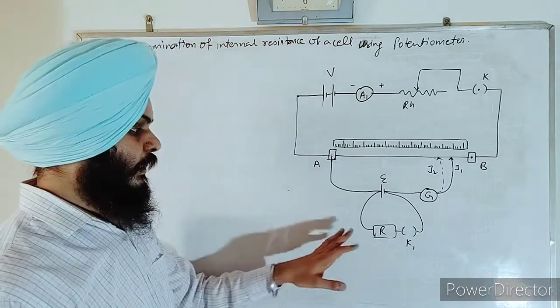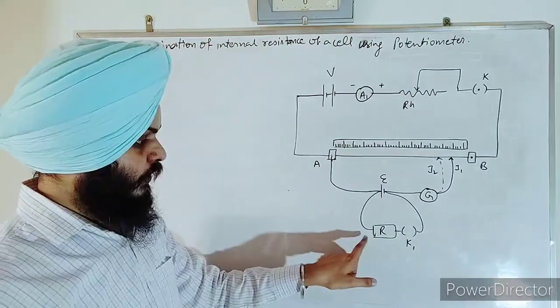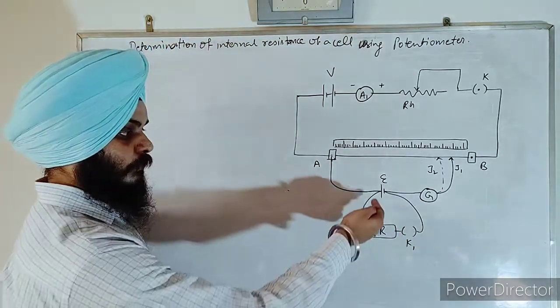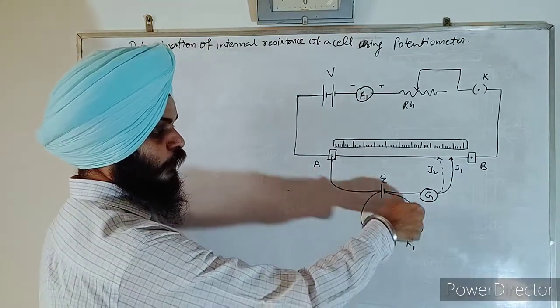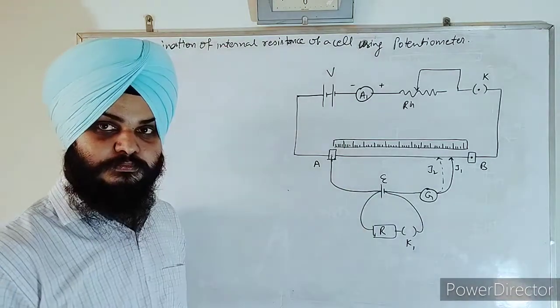This cell is also connected to this external circuit, in which there is a resistance box and a key K1. First of all, we take it in the open position. That means in the open key arrangement, this circuit will not be considered, as there will be no potential drop from this cell across this circuit.